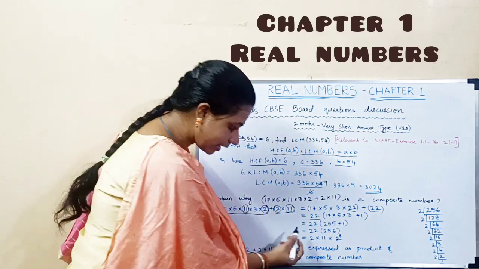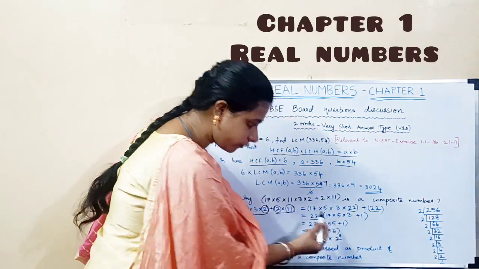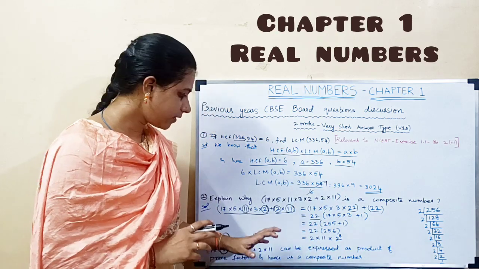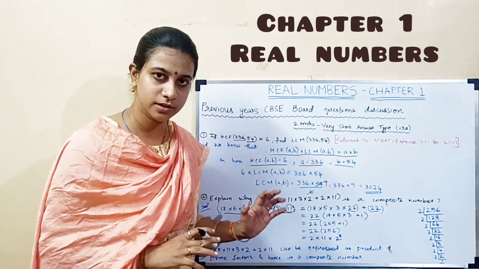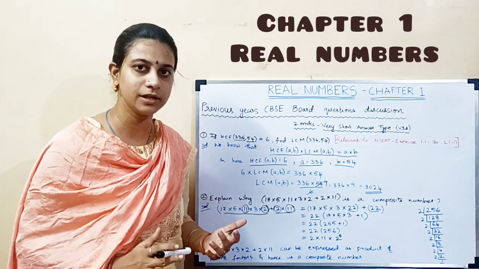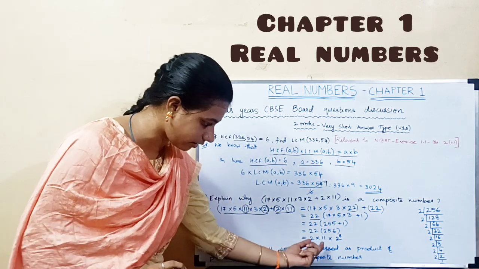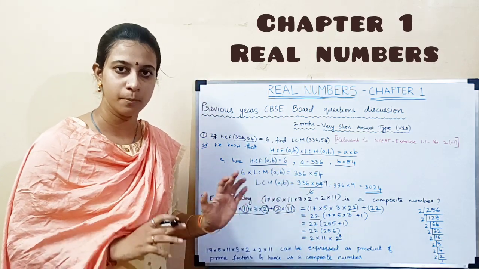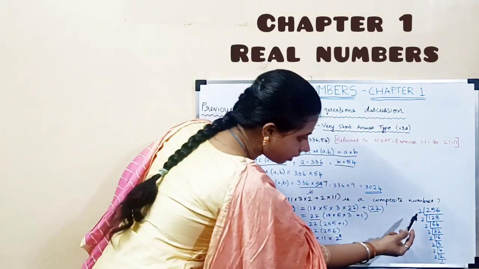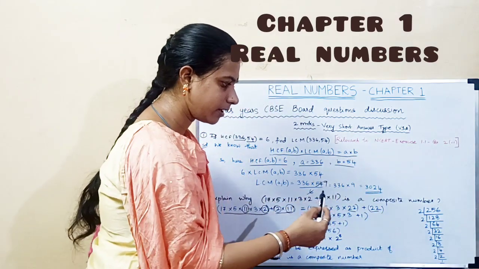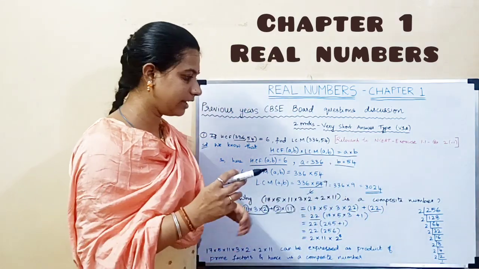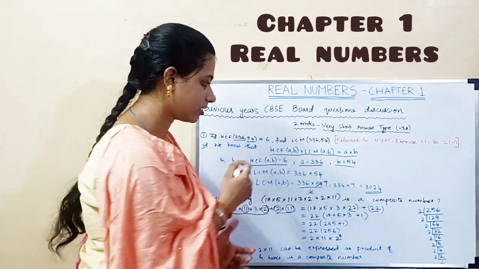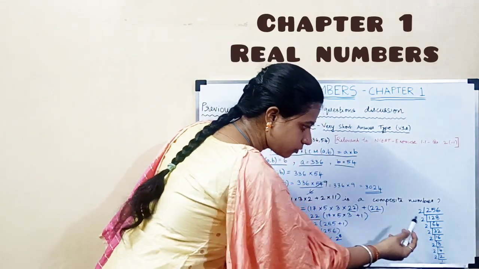When we multiply, we will get 22 into 255 plus 1, that is 22 into 256. As far as the prime factorization of 22 is concerned, we know that 22 is 2 into 11, so we can write it here. For 256, we will perform the prime factorization. 256 is an even number, and whenever we get an even number, we divide it by 2 and proceed with the prime factorization: 2 into 128, 2 into 64.